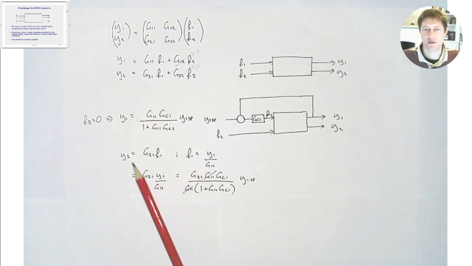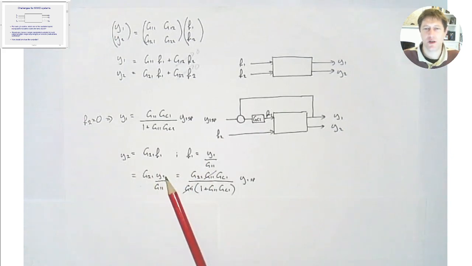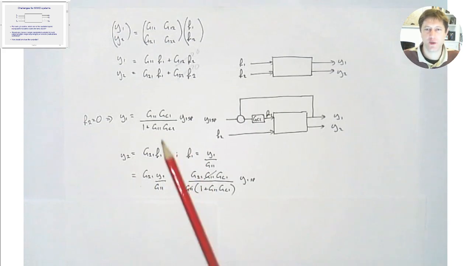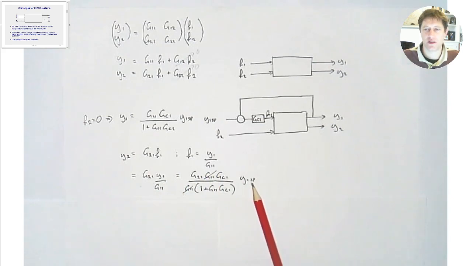Substitute in for f1, so y2 is equal to g21 y1 divided by g11. And then we can substitute in for y1 to get our expression. So y2 is also affected by the set point signal, and it's affected by this transfer function. The g11s cancel, so we have g21 gc1 divided by 1 + g11 gc1.